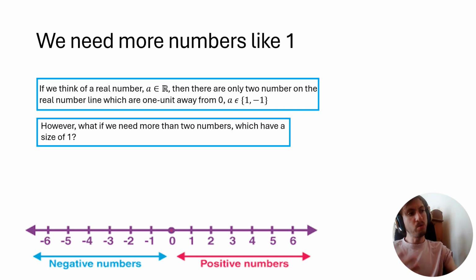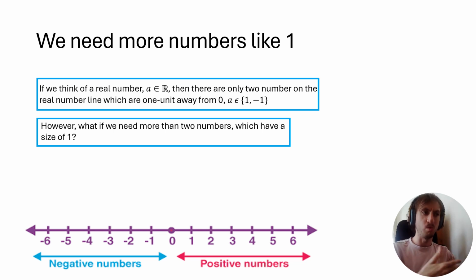So what if we need more than 2 numbers which are 1 unit away from 0, or in other words, have a size, if you like to think of it like that, of 1? Mathematicians would say how many numbers have a modulus of 1, and what if we want to extend the number of distinct numbers with a modulus equal to 1 beyond 2.